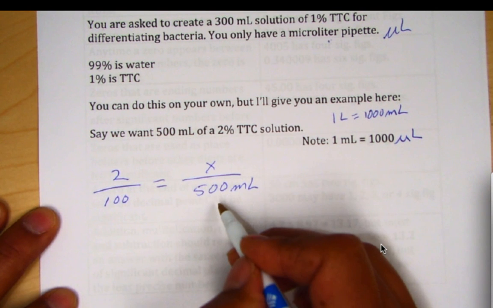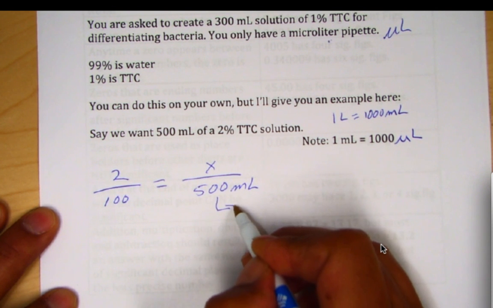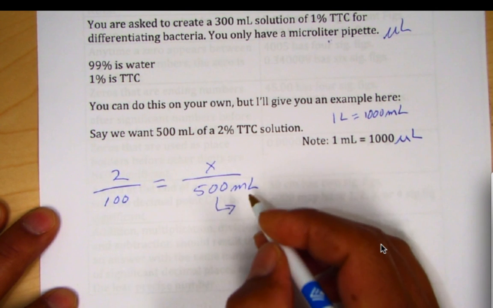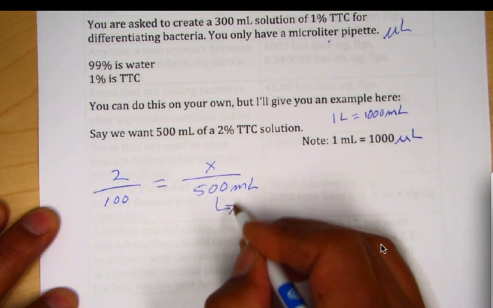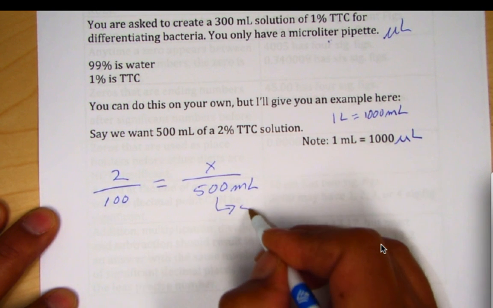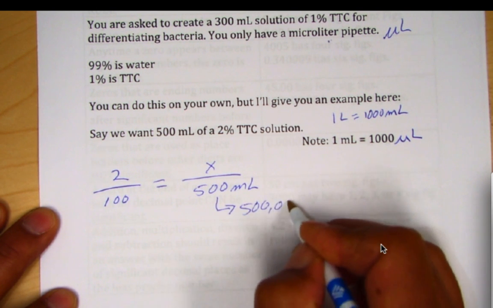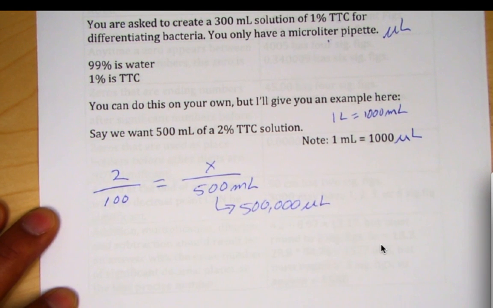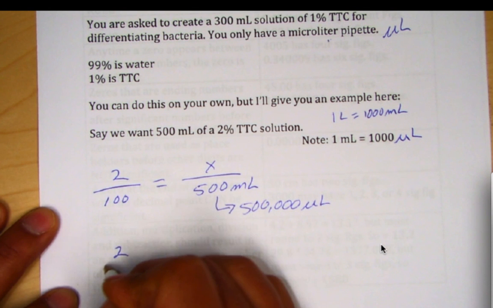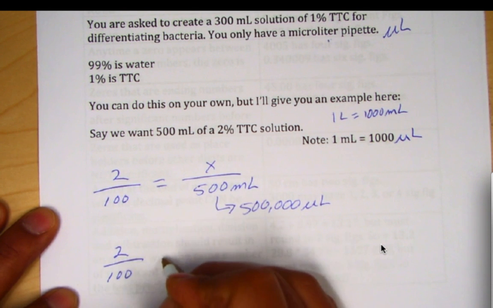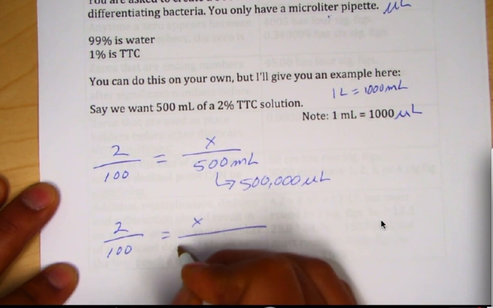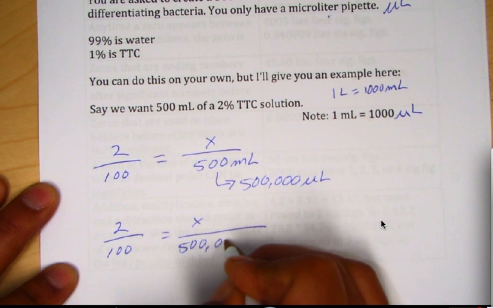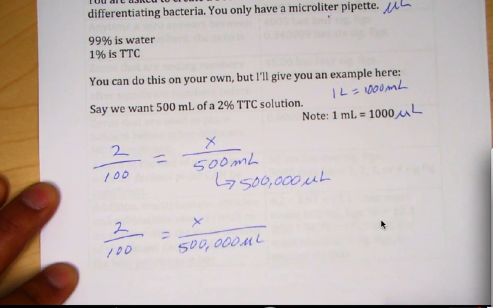So we need to use a number here that's in microliters. I need to multiply this by 1,000, so that's really going to be 500,000 microliters. To do this problem, we'll rewrite it over here: 2% is what out of 500,000 microliters, because I'm going to have to add those microliters to make that 2% solution.